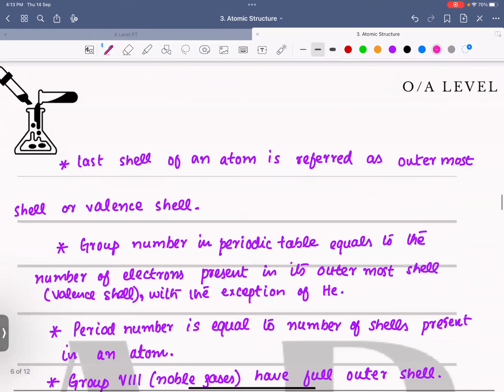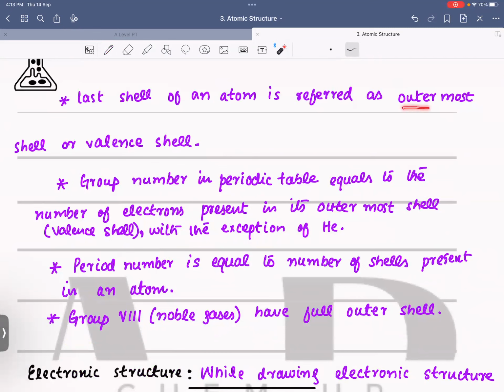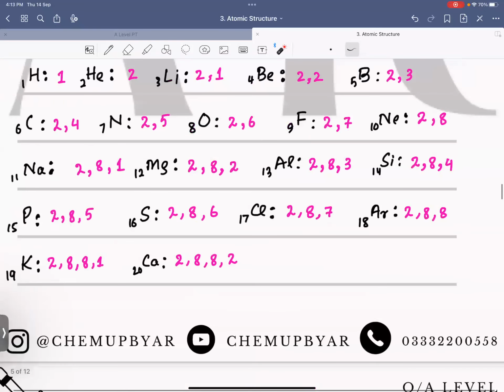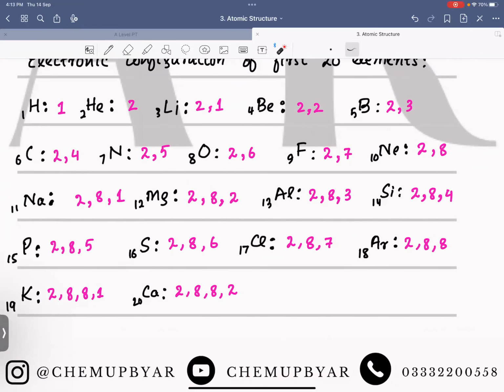The last shell is called the outermost shell, or valence shell.